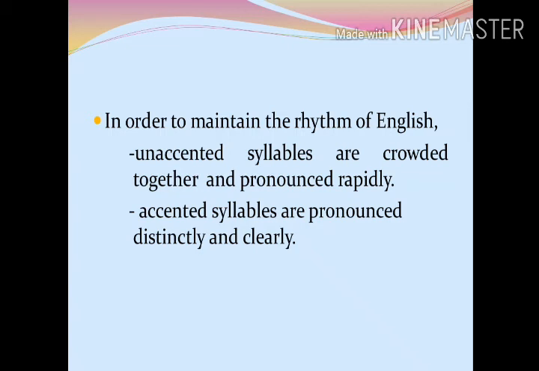Thus, accent or stress in connected speech depends on the rhythmic balance of the sentence and the relative importance ascribed by the speaker to its different parts. Most Indian languages are syllable timed, that is, the rhythmic movement is based on syllabic quantity and not on stress as it is in English, which is a stress-timed language.